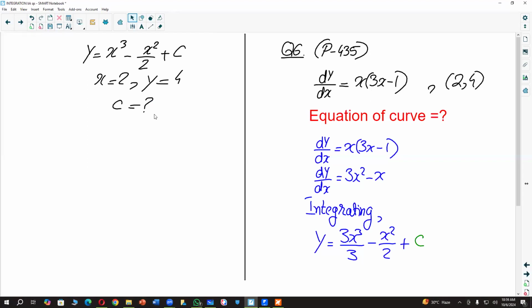I was talking about c, but I had to put in y as well.